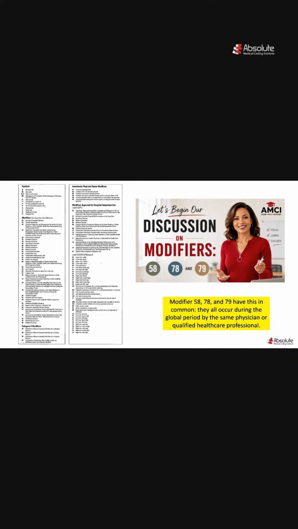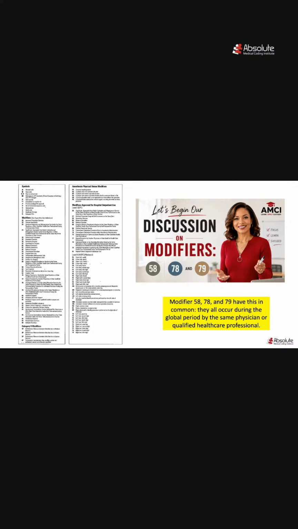So you'll append these modifiers whenever there is a secondary procedure, like a patient has a procedure, then there is a second procedure within a global period.